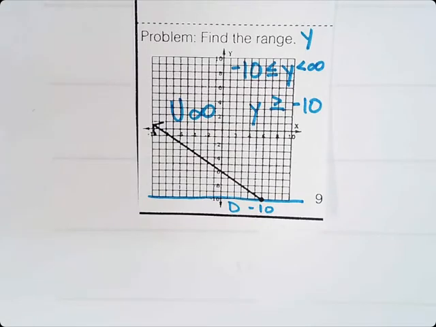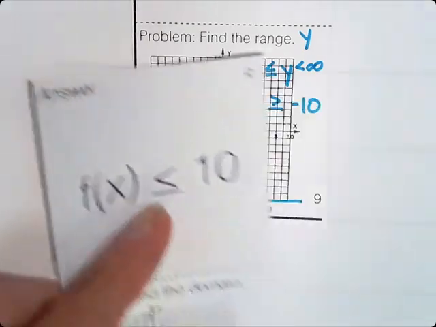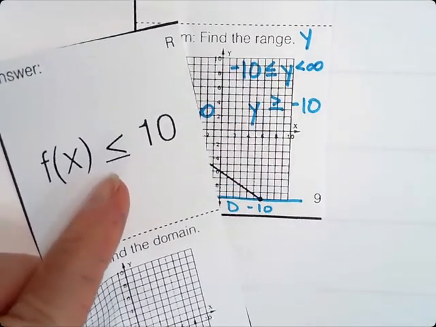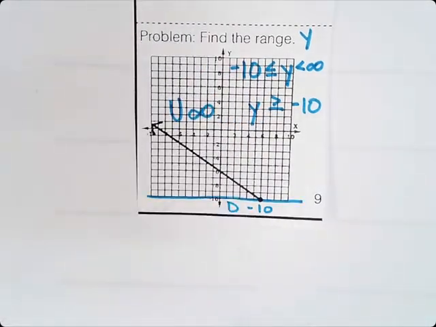So let me see. No, because that says less than or equal to 10. But it's supposed to be greater than or equal to -10. What about Q? Okay. What does Q say? All real numbers greater than or equal to -10.